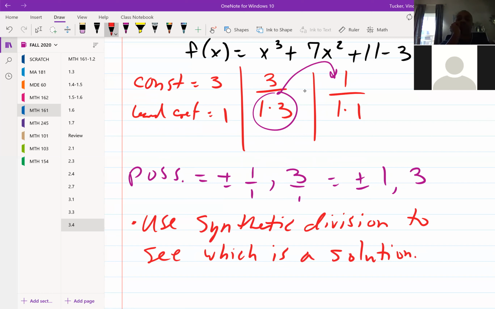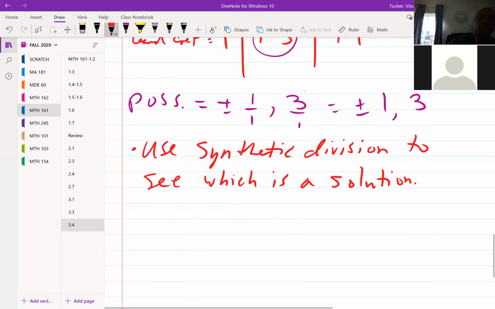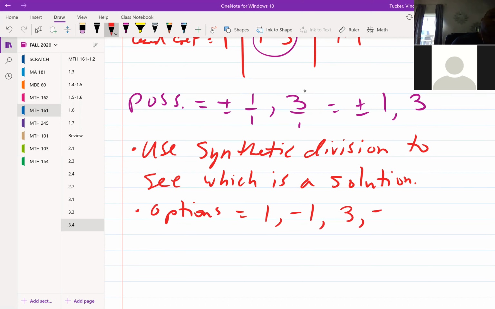All right, so we'll use synthetic division to see which is a solution. And once again, our options: +1, -1, +3, and -3.